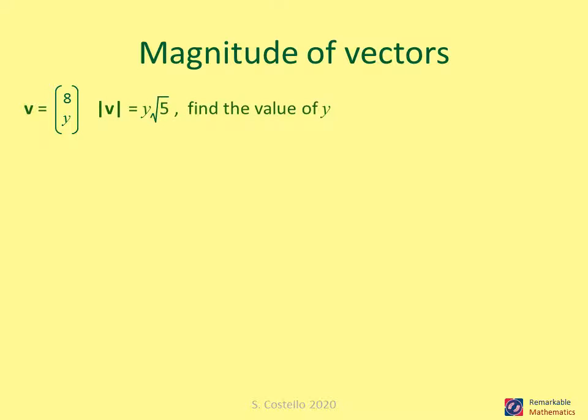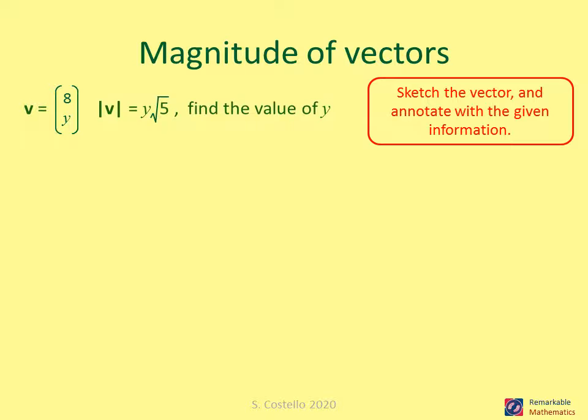Vector v is 8y. v equals y root 5. Find the value of y. So the mathematics in this is exactly the same. It's just the position of y is making it slightly more complex again. So again, the trick is take your time, do things very slowly.